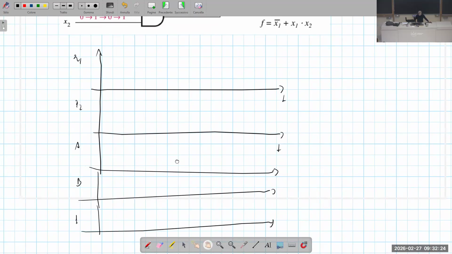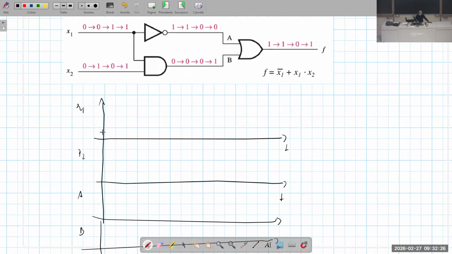Now, suppose that the external inputs vary according to a certain waveform. Let's start with 0, 0, then x1 goes to 1, x2 starts from 0, goes to 1, then goes to 0 again, and then goes to 1.